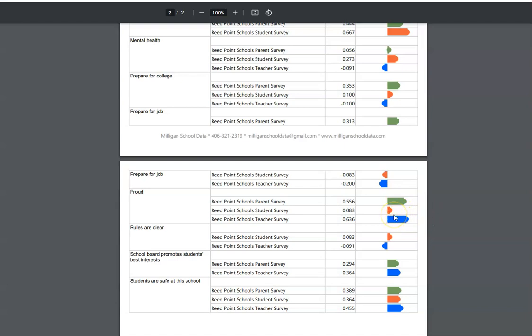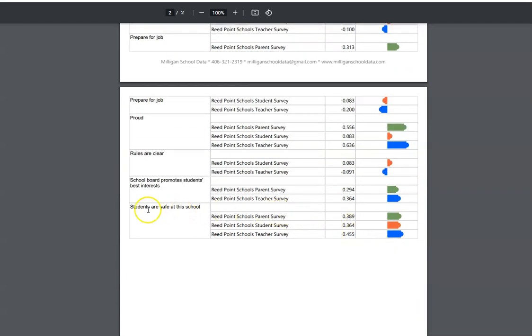So that's a very different conversation than, say, for example, students are safe at this school, where the teachers, the students, and the parents all answered relatively positively and very similarly. And so that's just a very different conversation that you can have when you're designing your strategic plans, when you're looking at strategic priorities. It's just more information there.